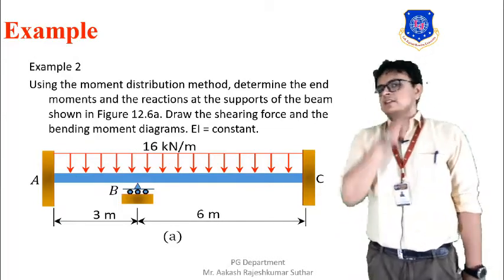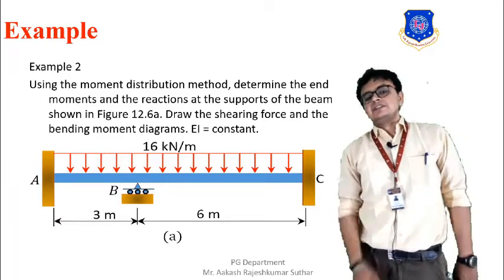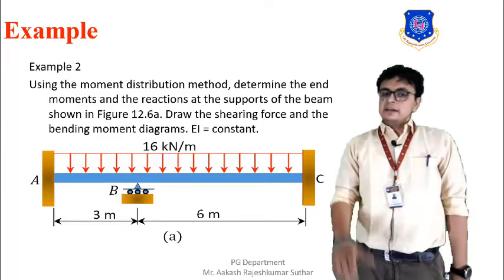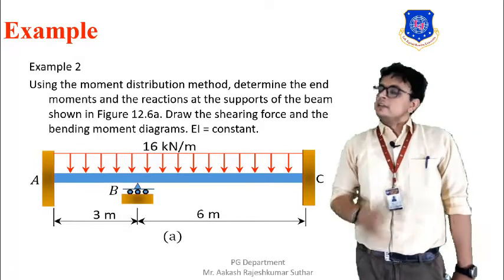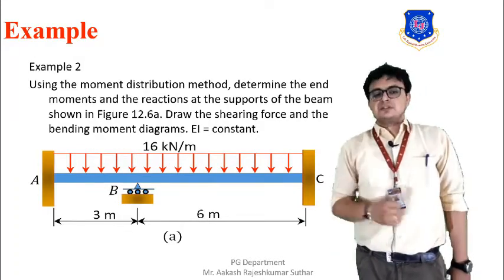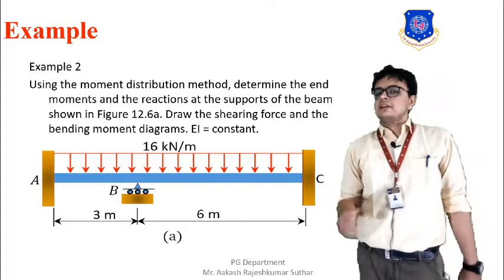So here if we are considering joint B as the fixed support, then its next adjacent joints are also fixed. You can see over here that A is also fixed and C is also fixed.